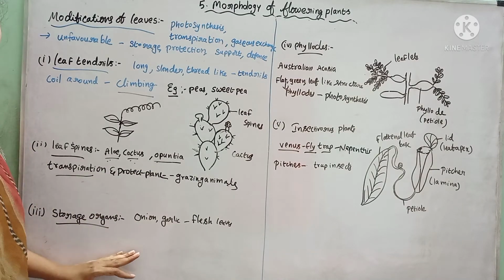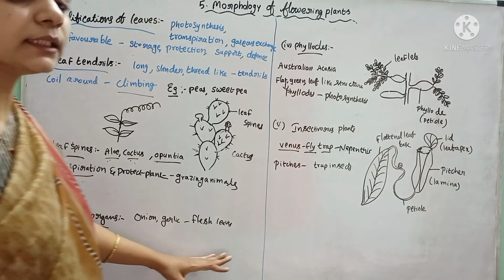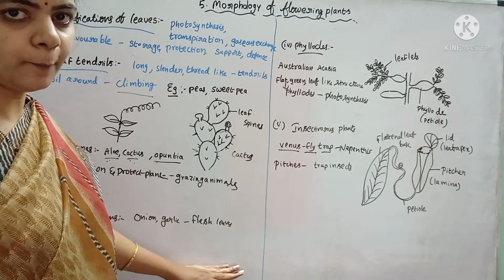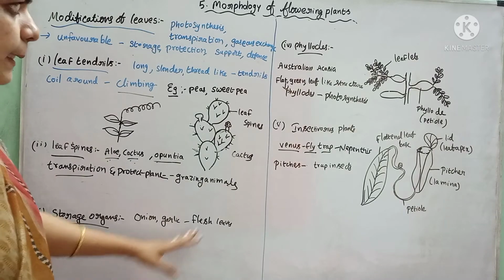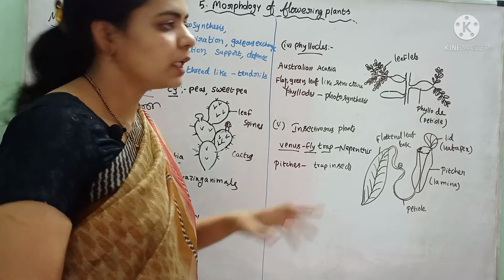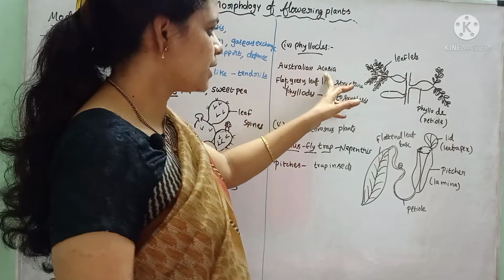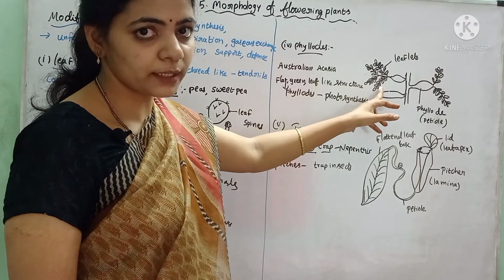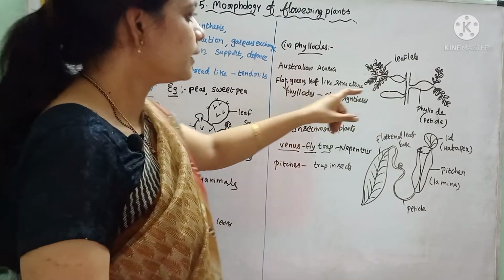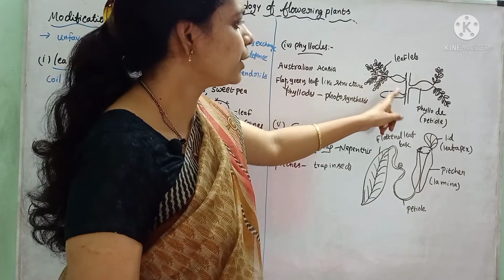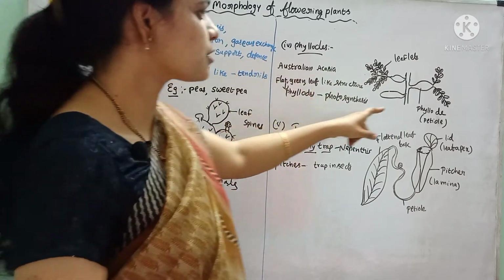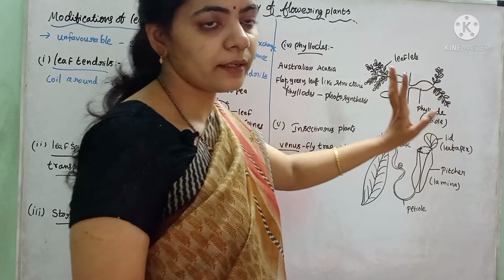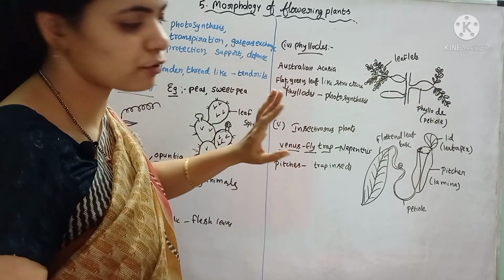And storage organs. In onion and garlic, they have fleshy leaves inside the bulb, which is nothing but the stored food material. Next, phyllodes. In plants such as Australian acacia, the leaflets are very short-lived. In that, the petiole is modified into a green-colored leaf-like structure called phyllodes that performs the photosynthesis function also.